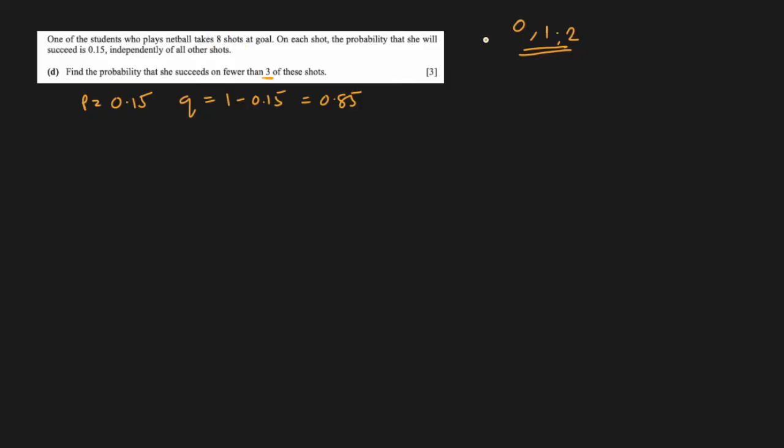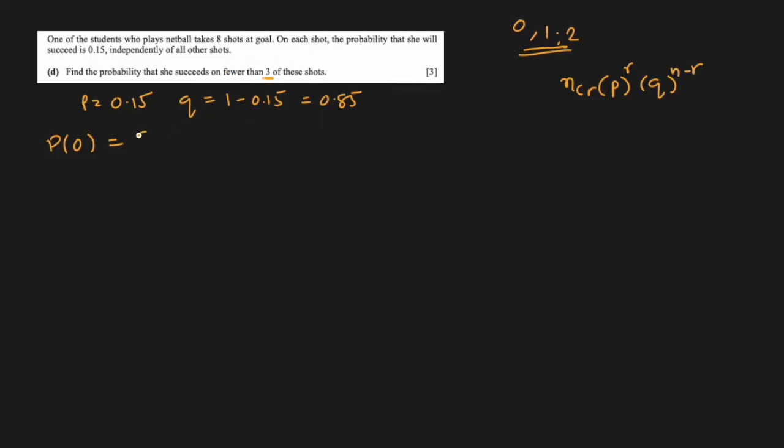There are total 8, so we'll find the probability for each one in binomial probability. The general formula for that is nCr, probability of success to the power r, probability of failure to the power n minus r. That's what we'll do for 0, 1 and 2. First, our answer will be the probability of 0, meaning none of those shots are successful.